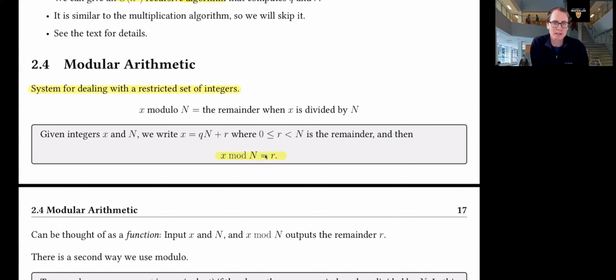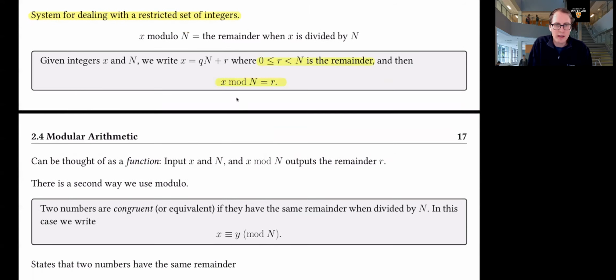That's what modulo means. And so the remainder is always going to be an integer that lies between 0 up to, but not including n. And so in this notation, we can think of modulo as a function. It takes in x and it takes in n, and it outputs the remainder r.